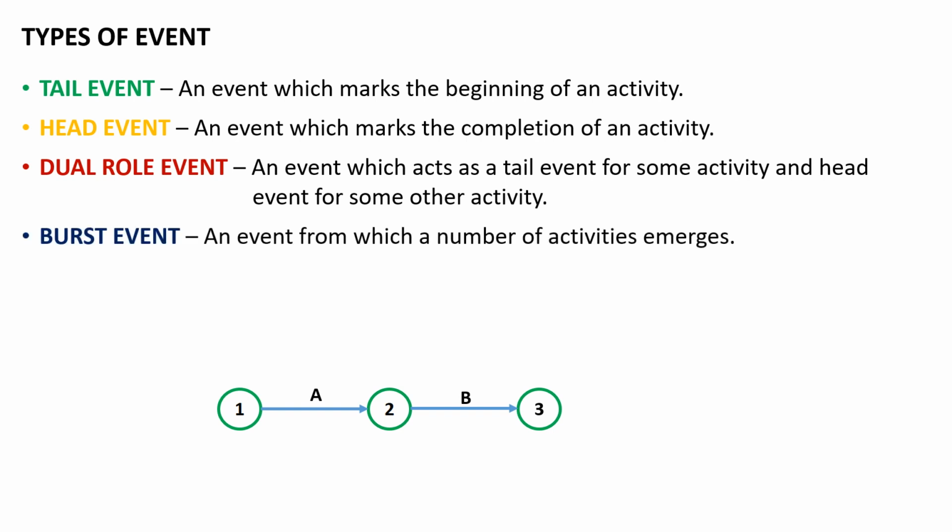Burst event: an event from which a number of activities emerge is called a burst event. Here in the example, we can see from event number 2 we have activities B, C and D emerging out. Therefore, event number 2 is a burst event.